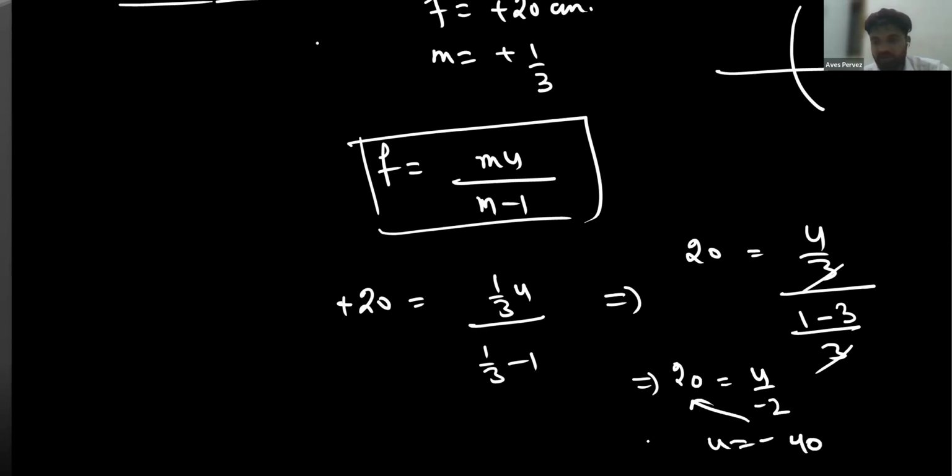Very good. And keep in mind here that u should always come with a negative sign. If your u is not coming with a negative sign, it means that you have made a mistake somewhere. Okay. Got it? Everybody understood?